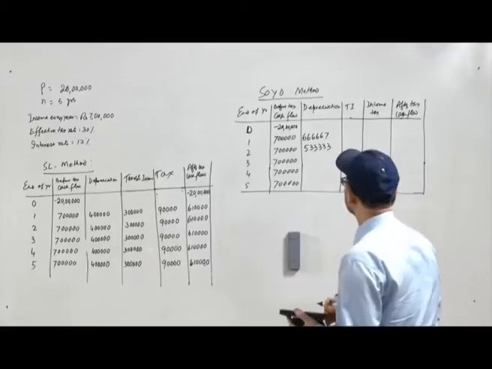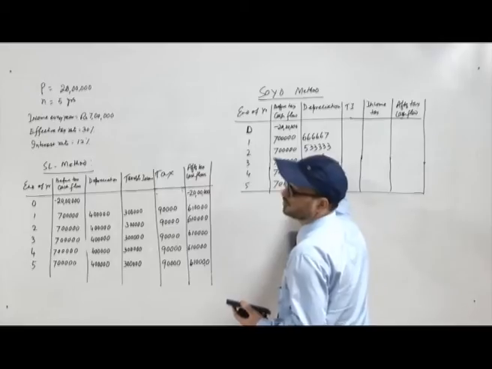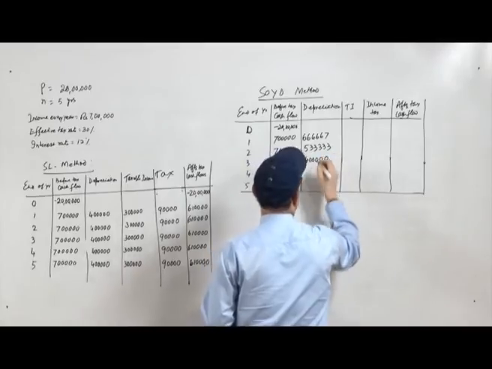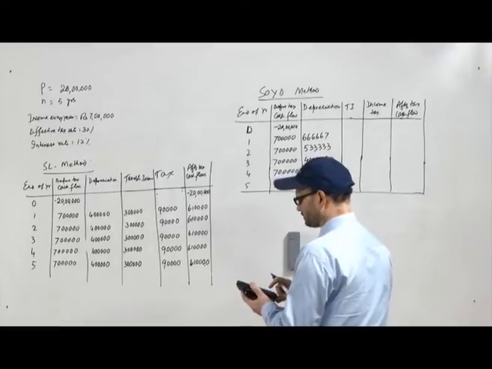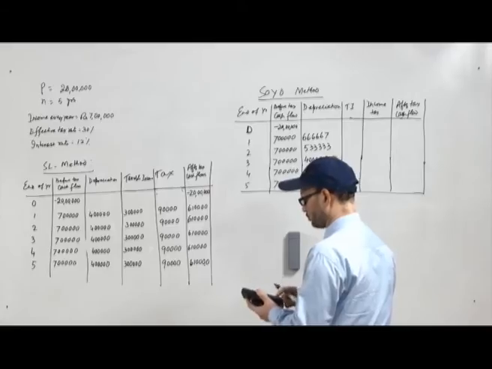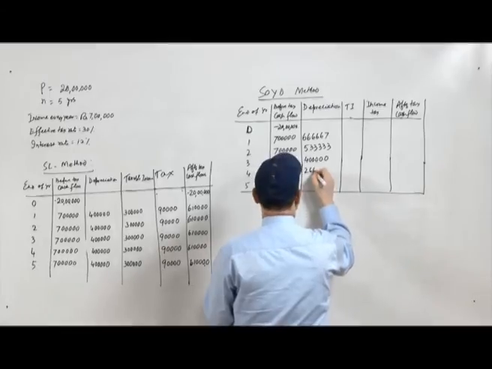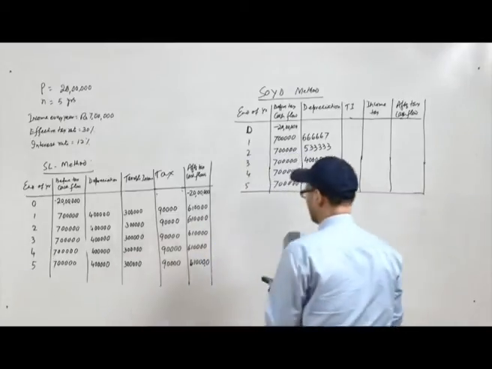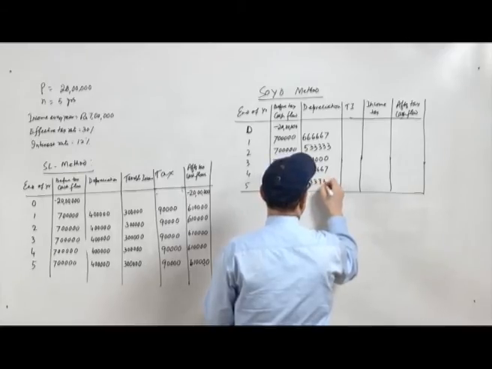Then 3 by 15 into 20 lakhs is 4 lakhs. Next 2 by 15 into 20 lakhs is 2,66,667, and in the end it will be 1,33,333.